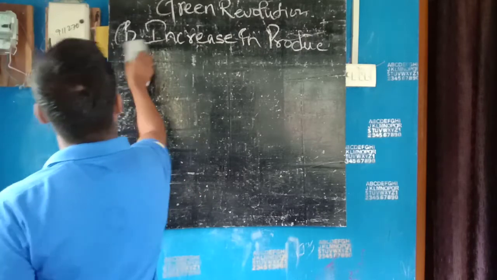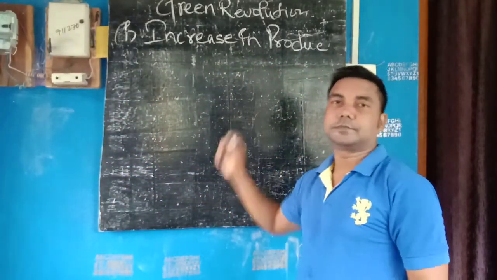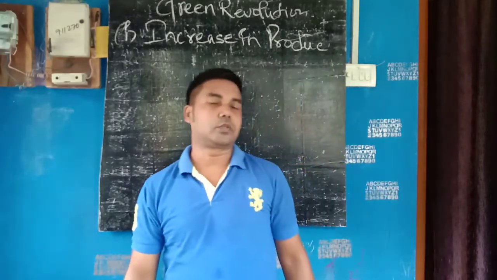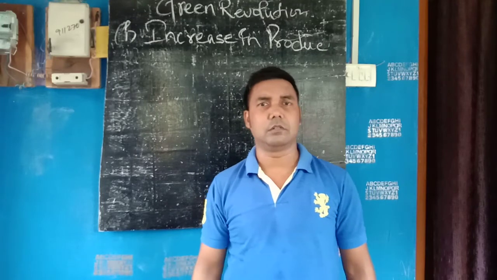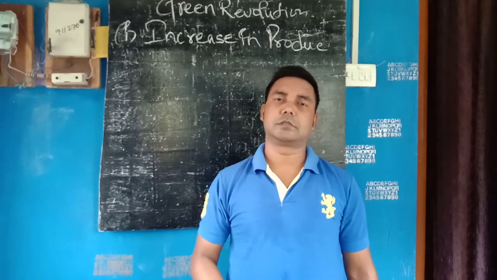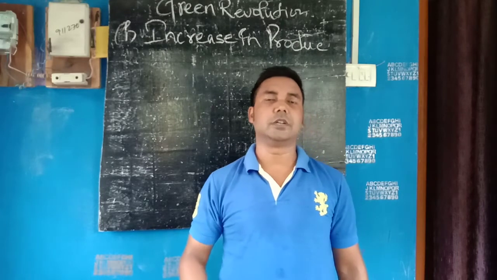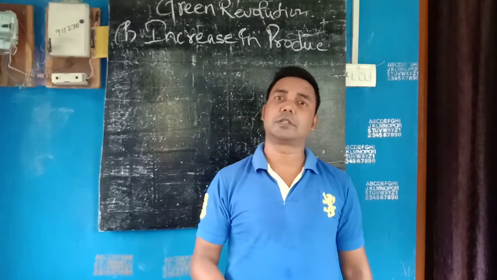Then we'll come to the next. Increase in production, through the introduction of machineries, tools, and all. The production of the agriculture is increasing day by day. So, what kind of production?